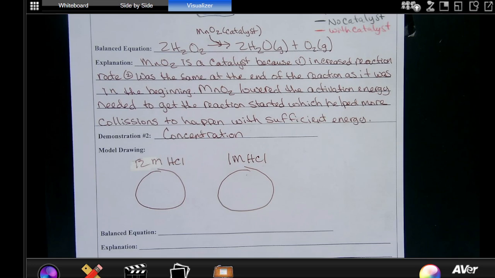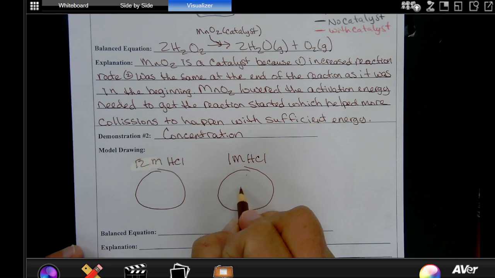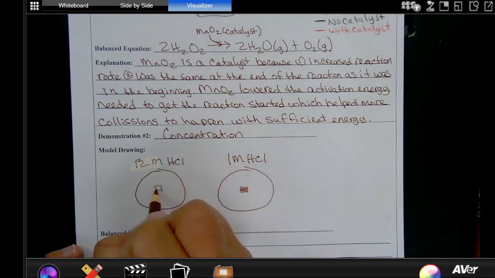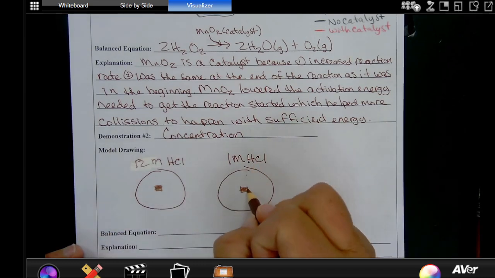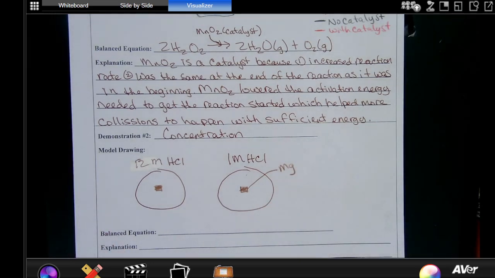Okay. Inside these bowls, we will have a little strip. I'll tell you what that is in just a second. This is going to be magnesium. Okay?